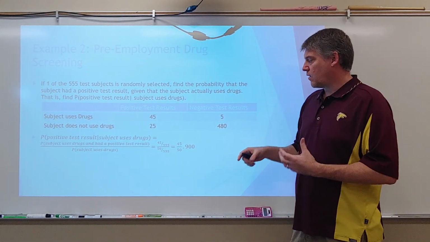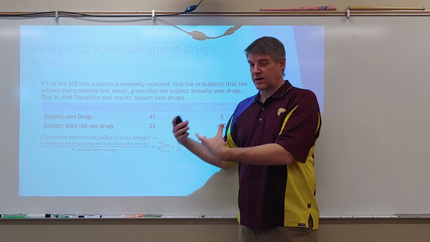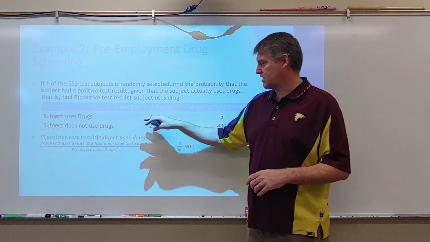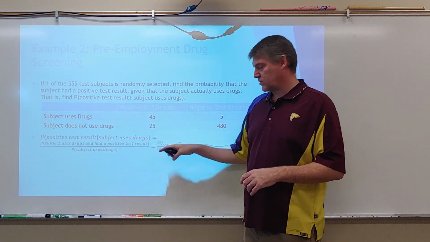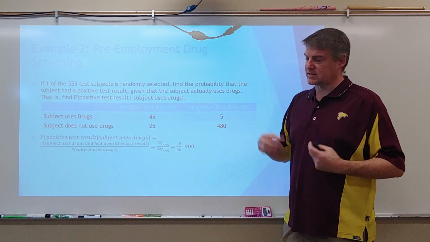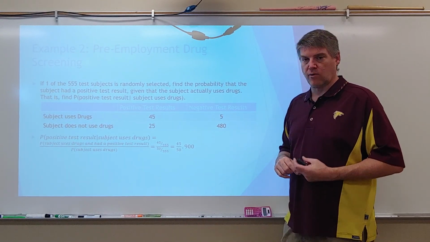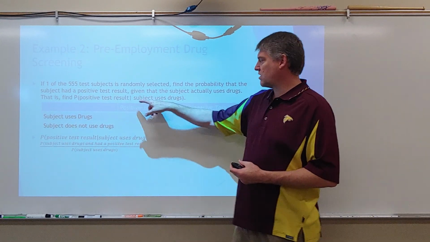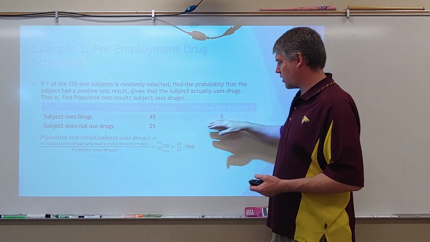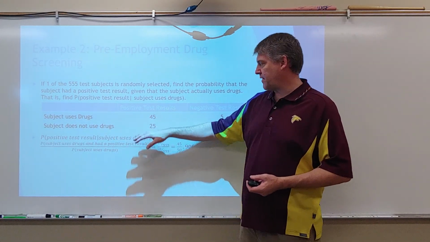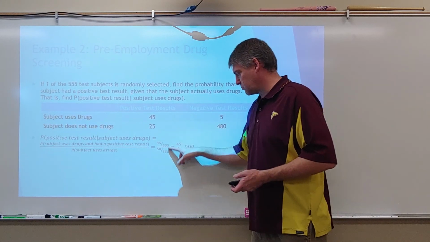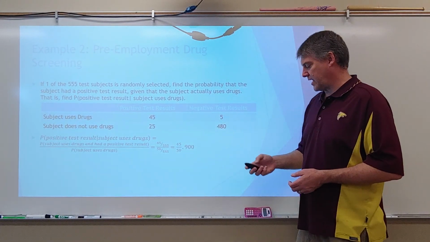That's the probability of A and B, a positive and using drugs, over the total. Now, when you're in a table like this, a lot of times it's pretty straightforward. What is our given? Subject uses drugs. So we could look at just this row and then look at the positive. So 45 over 50, which is what we got, so 0.90.